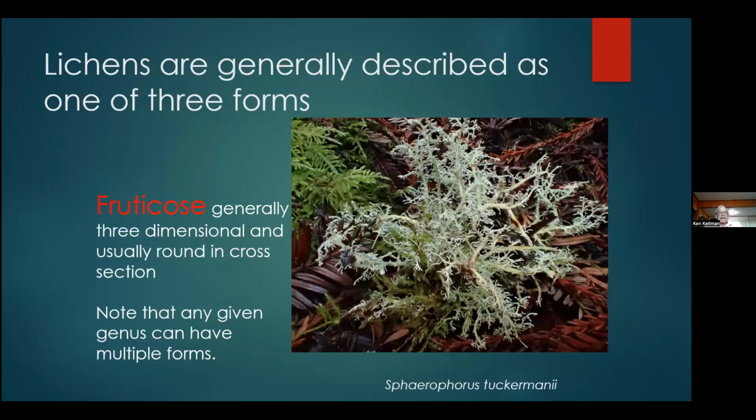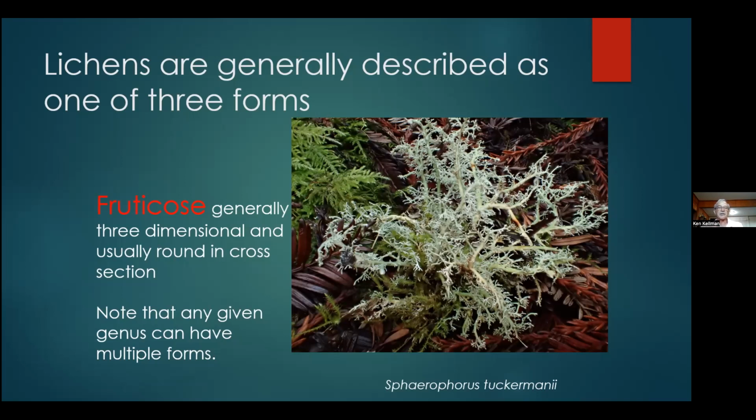So let's start putting some names on these shapes. Lichens are generally described as one of three forms. Fruticose is generally three-dimensional and usually round in cross-section, but sometimes flattened a little bit, but they stand up from the substrate in general.